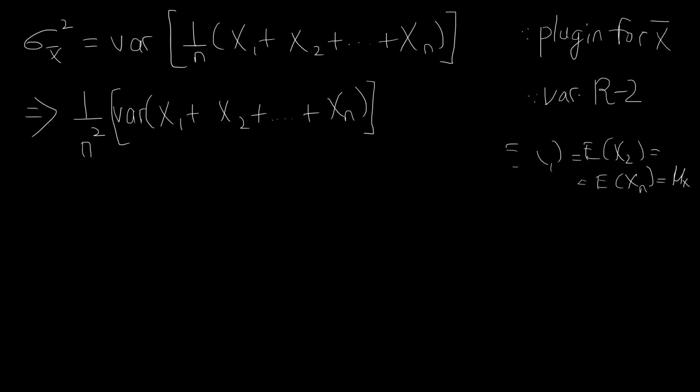Similarly, what we're going to do now is think about the variance of x1, and let's just focus on x1 for now. So we're going to think about the variance of x1 as a beforehand concept at the planning stage. At the planning stage, we do not yet know what the value of x1 is going to be. All we do know is that it will be generated randomly from the distribution of x.